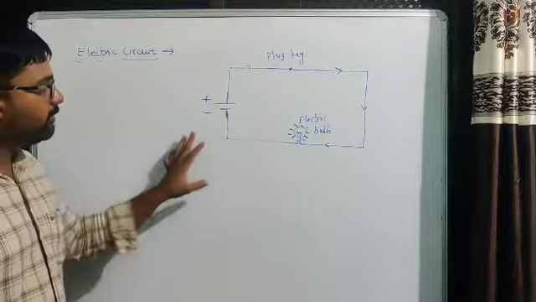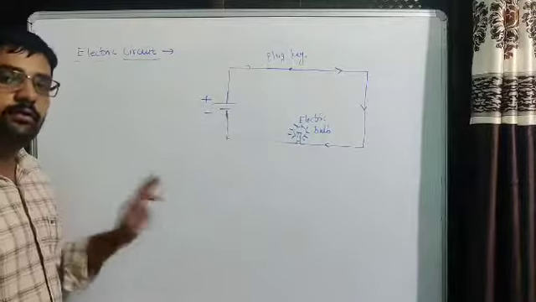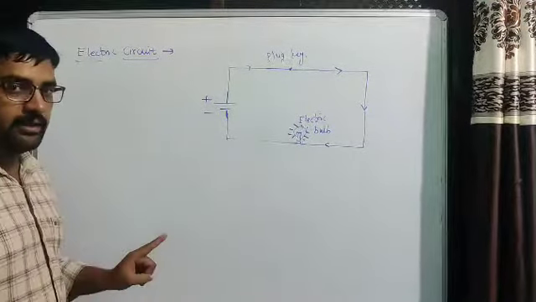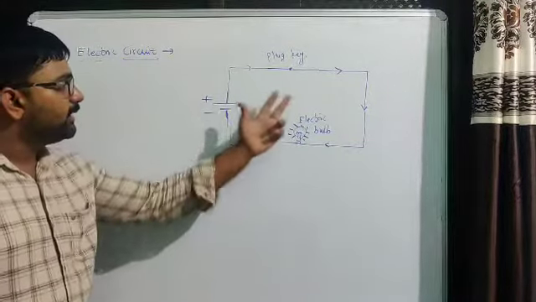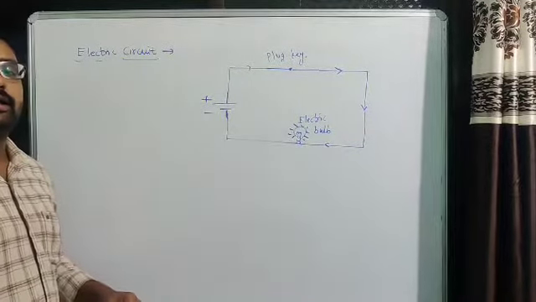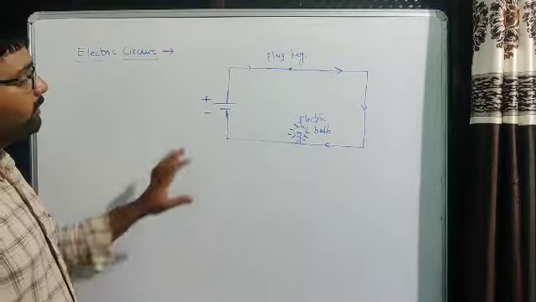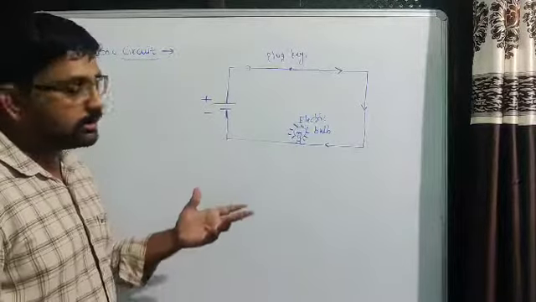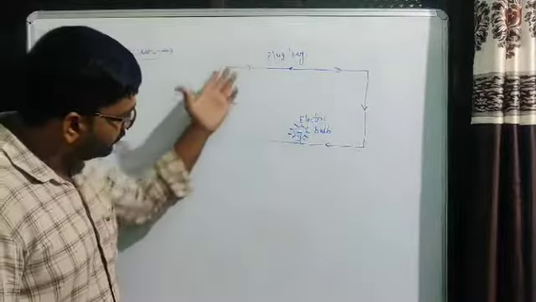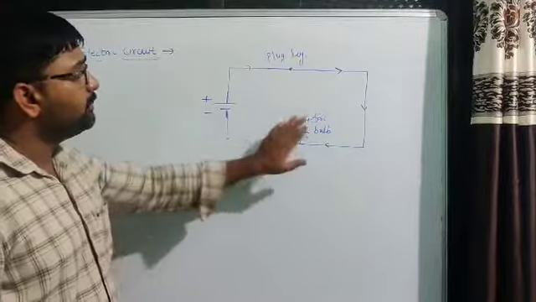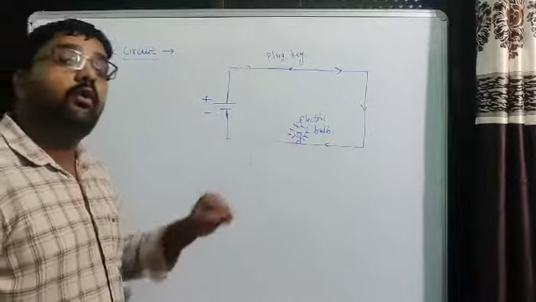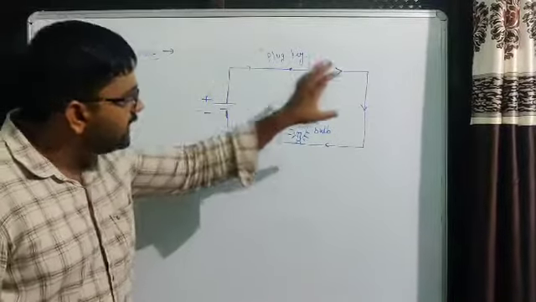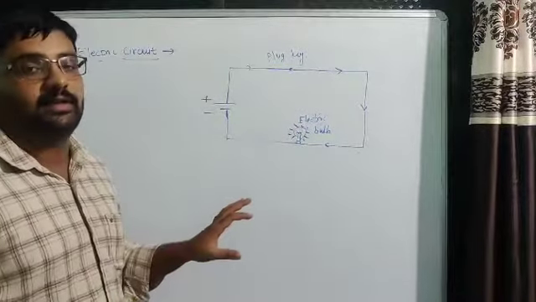Through it, electricity flows by the proper connection of electric equipment. Look here: this cell, plug key, and electric bulb are connected in a proper way. Due to that, electricity flows and this bulb glows, which means electric current is flowing through this circuit. And if the bulb does not glow, it means some fault is there, and electricity is not passing through this circuit.